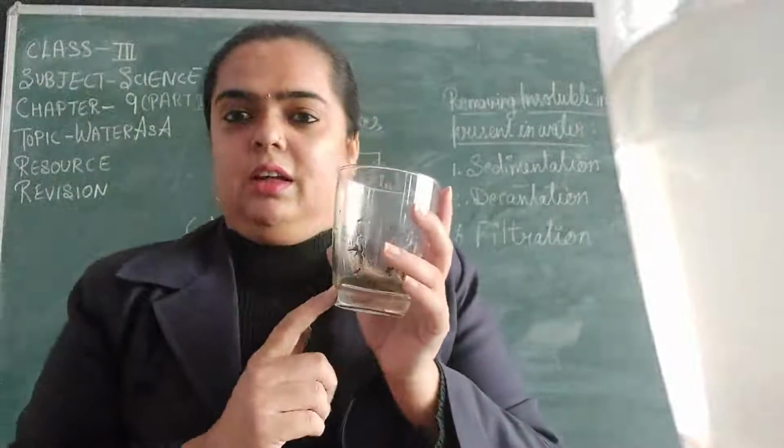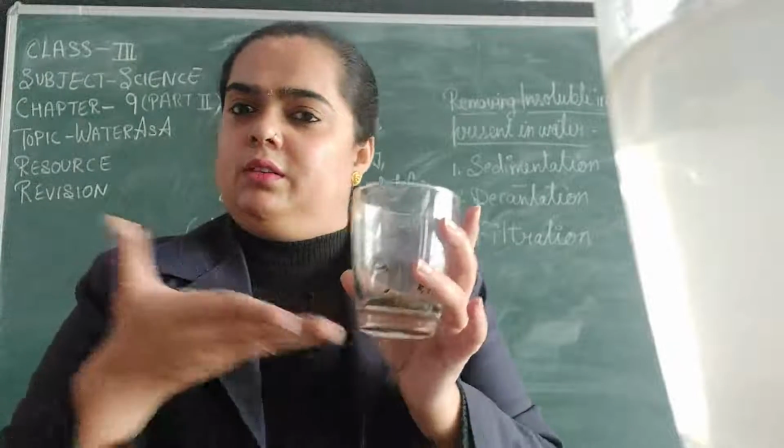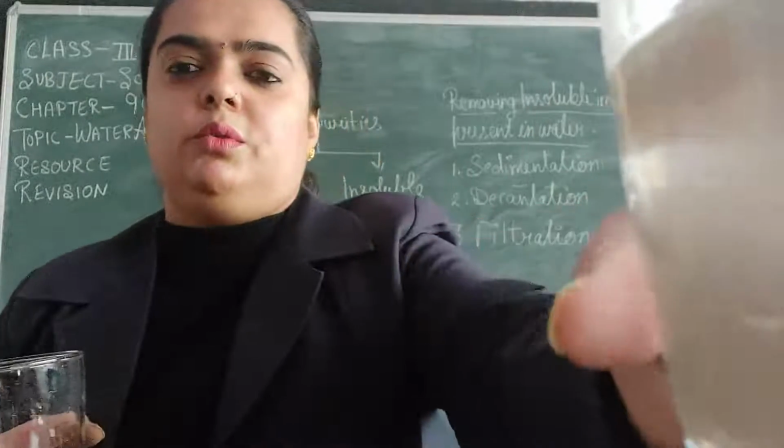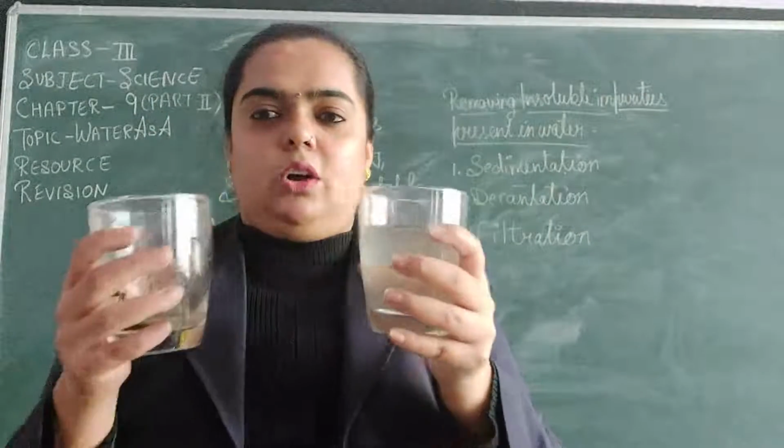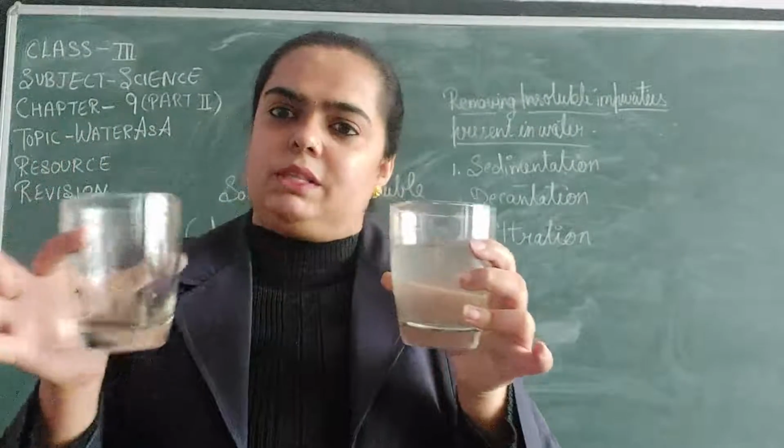Alright. So when we do this, this process is called sediment decantation. The insoluble impurity will be removed from water, like the water and the insoluble impurity will be separated.